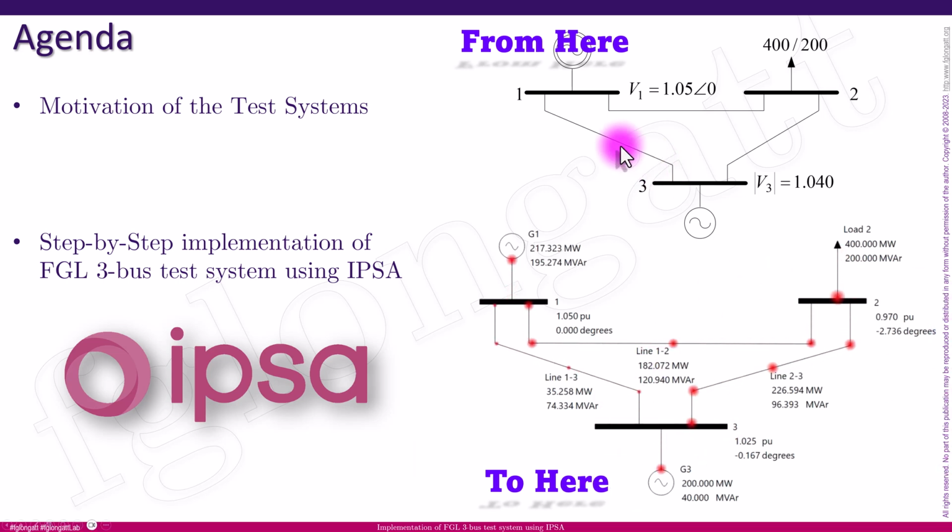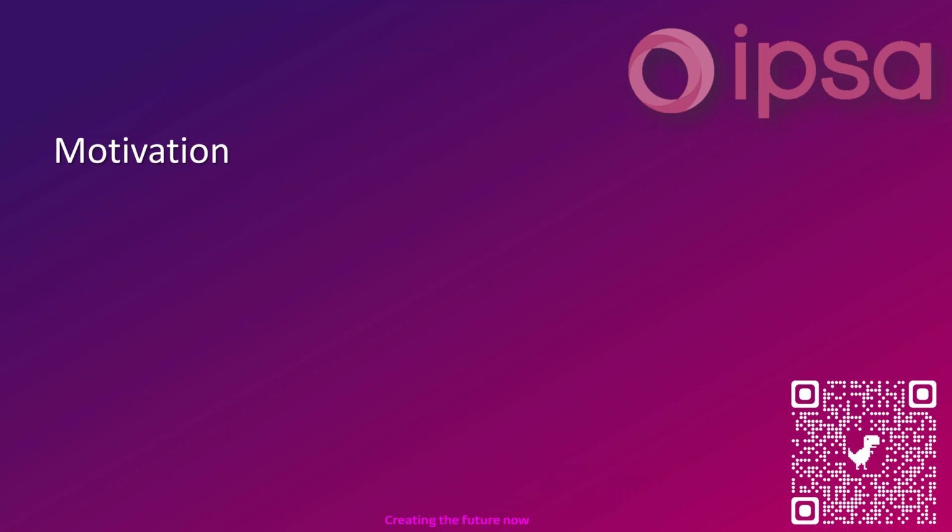What we want to do is basically start from the single line diagram and the data on paper. We want to finish here with a beautiful animation showing you the load flow or power flow of this test network. But what was the motivation of this test system?